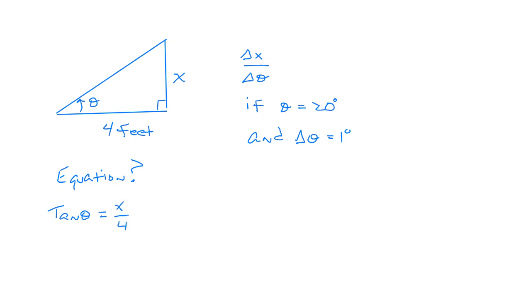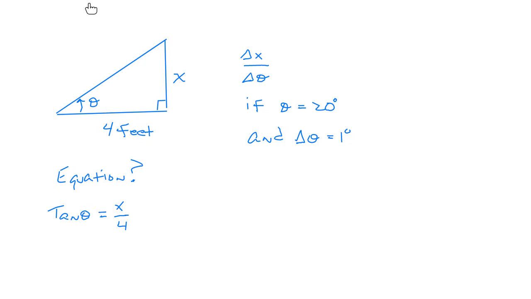Yes, that is a true equation for our situation, and it has x in it and theta in it. But if I'm going to find delta x over delta theta, I need to have it solved for x, like x equals something.